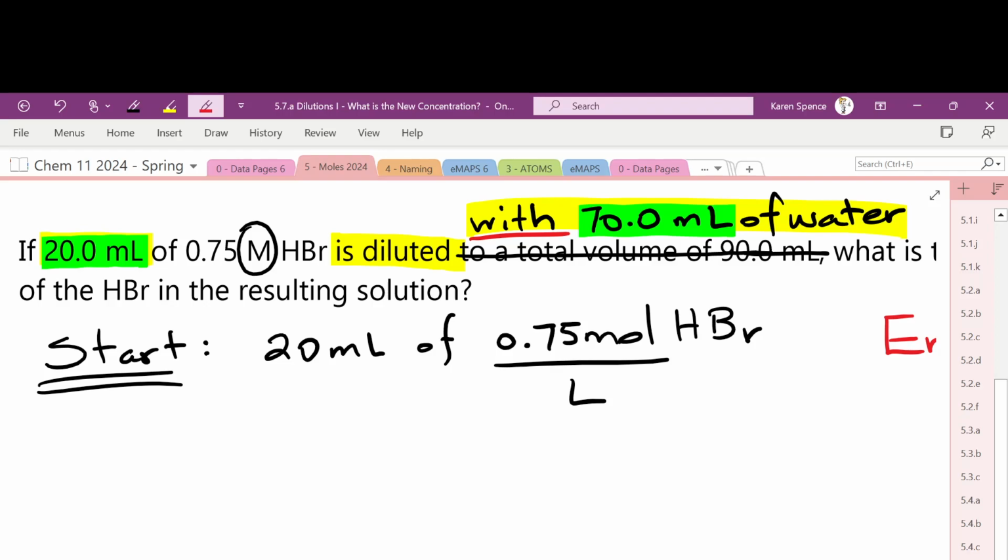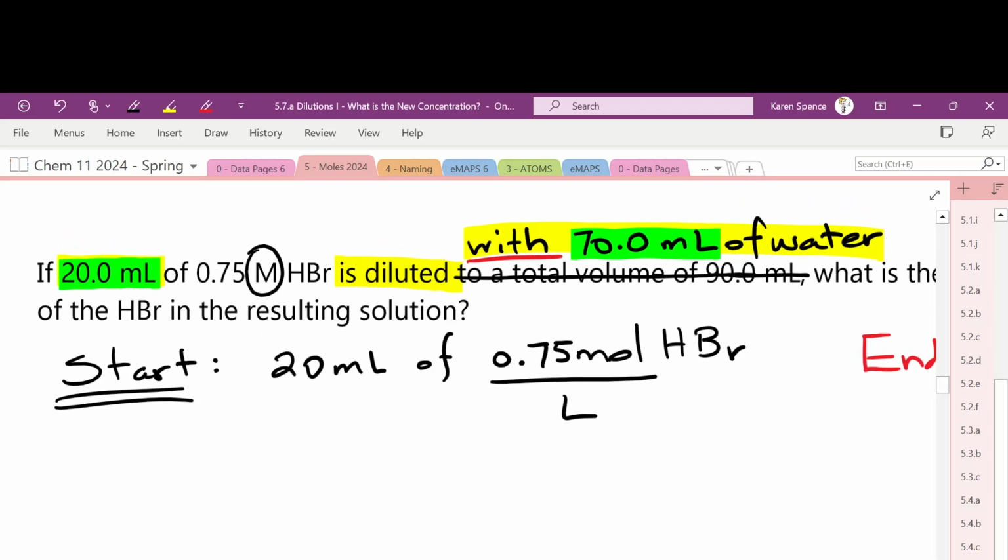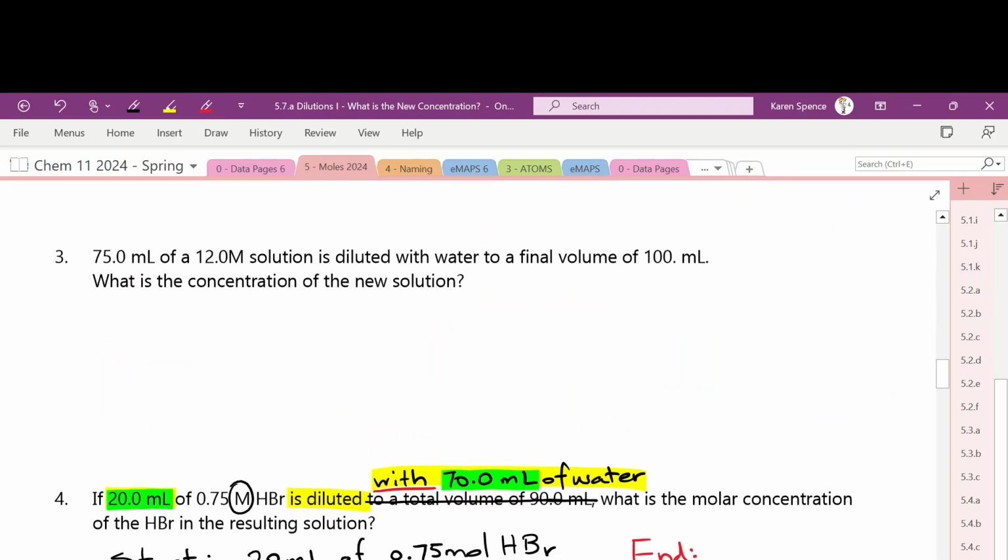We have 20 milliliters and it's diluted with 70 milliliters of water. Final volume is 90. So you have to watch what the question says. The question might say the final volume, or it might say we added this much water and you'll need to calculate the final volume. Does that make sense? So either you'll be given the final volume or you'll have to add the two together to get the final volume if it says this much water was added.